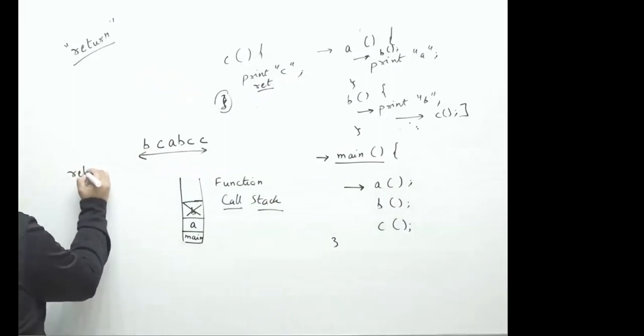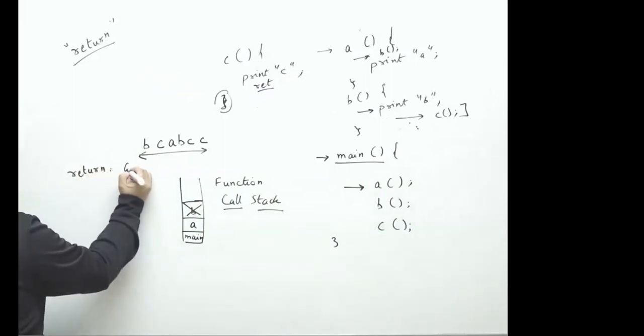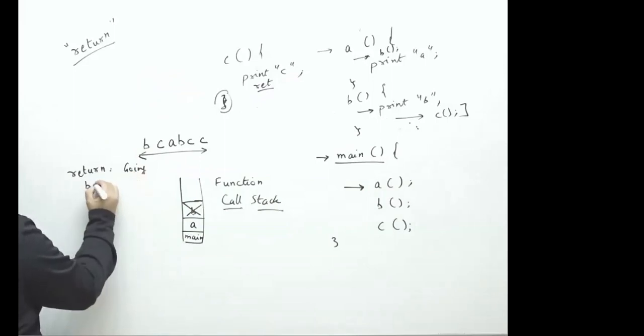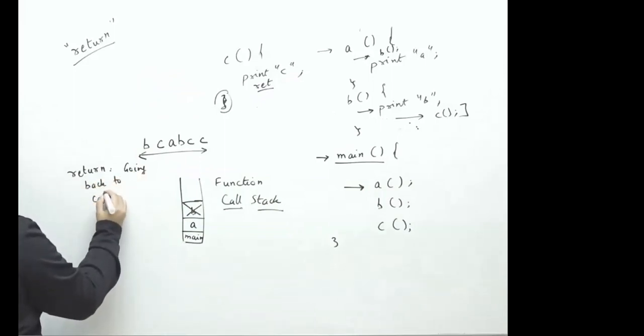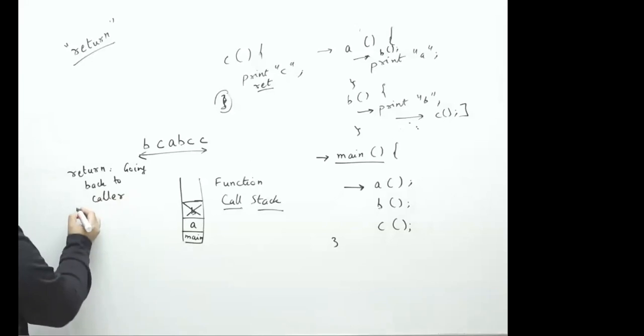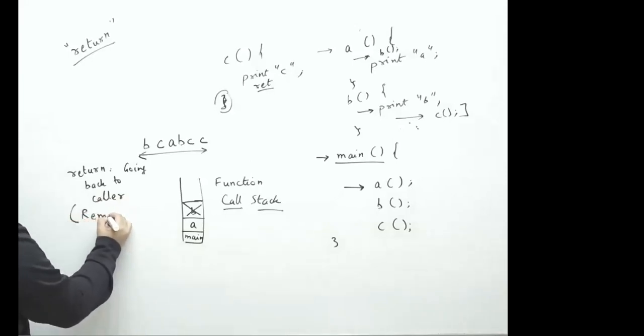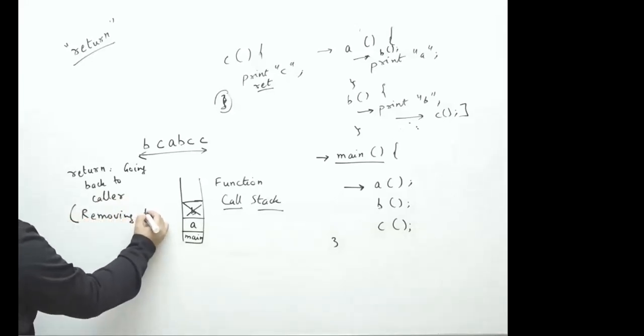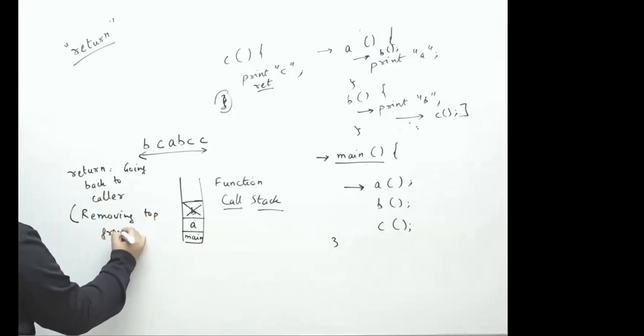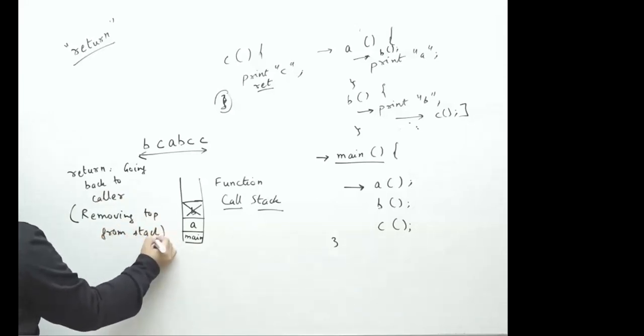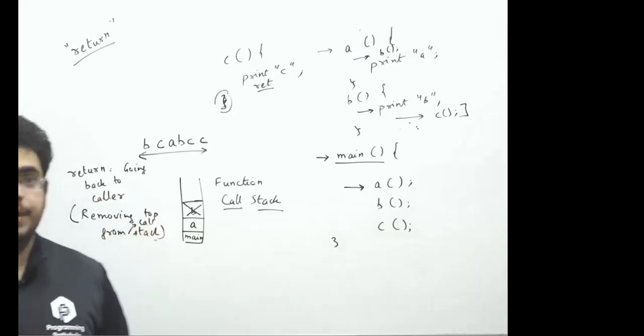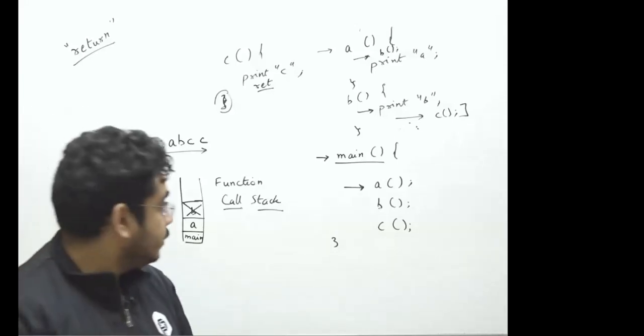So return is going back to the caller, which in computer science terms means removing one thing from the call stack. Repeat. Okay, cool, I'll repeat it.